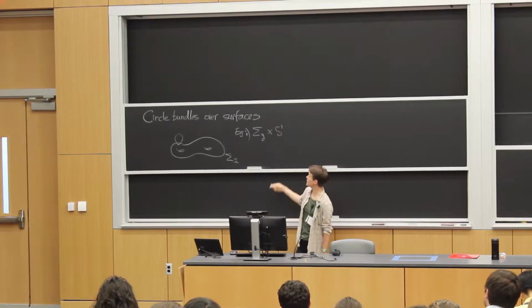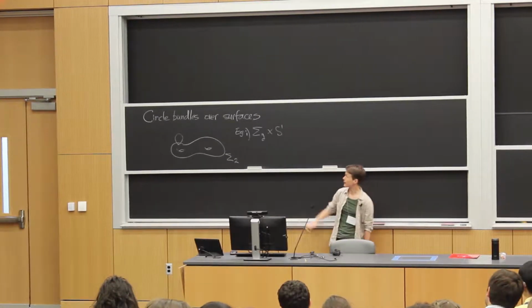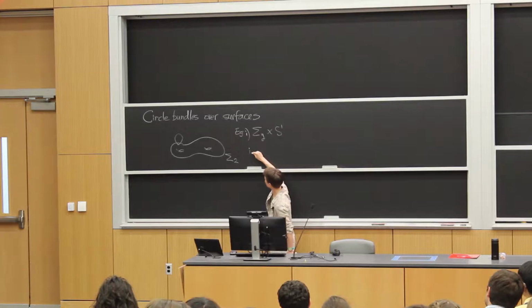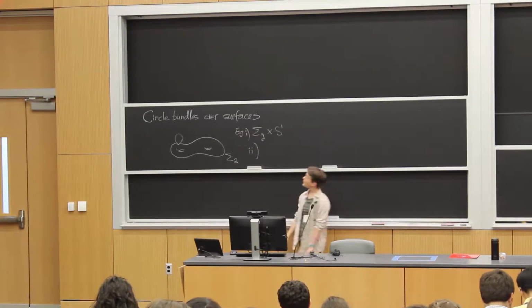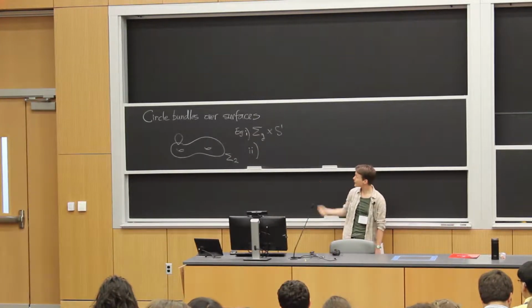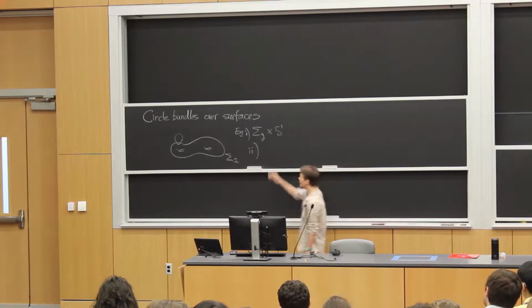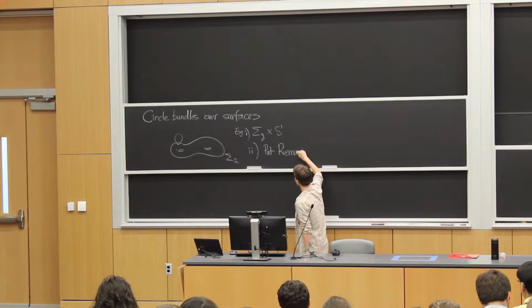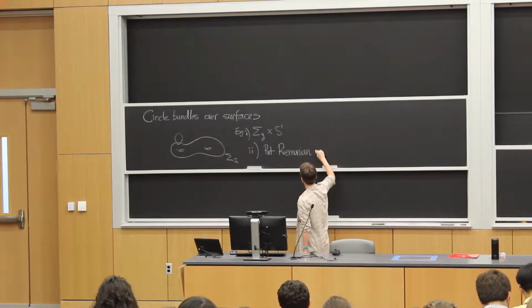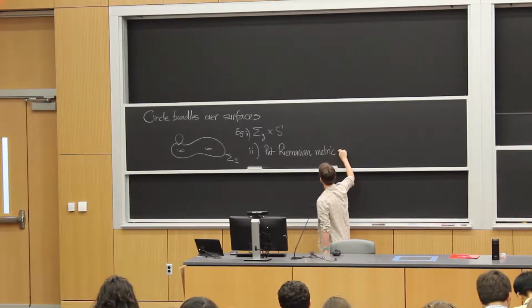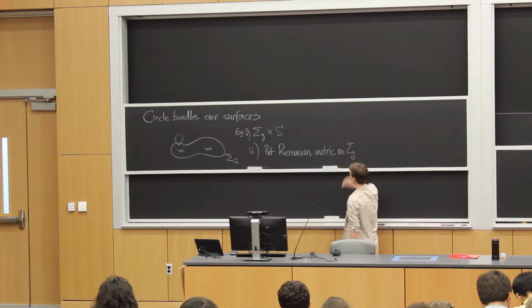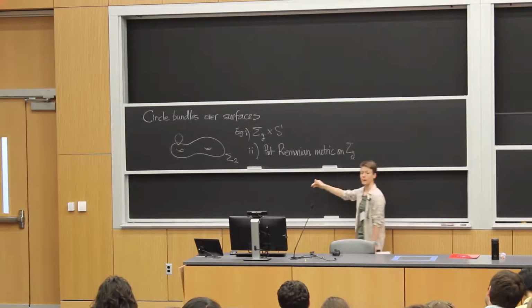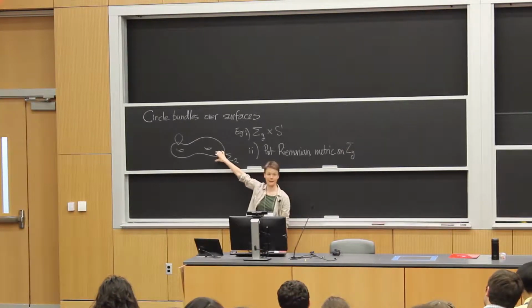But here's another thing you could do to attach a circle to every point on a surface. You could put a Riemannian metric on your surface. One way to do that is just embed it in space like I did here in R3.